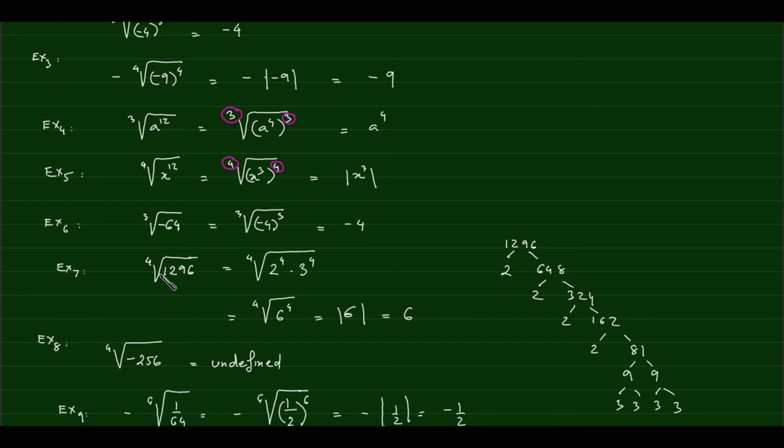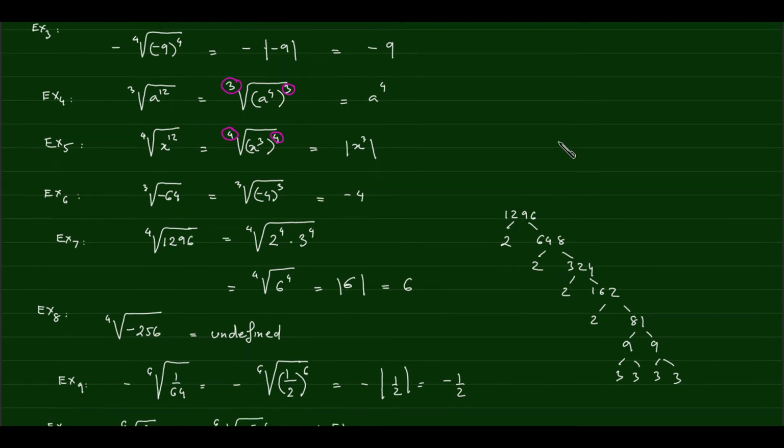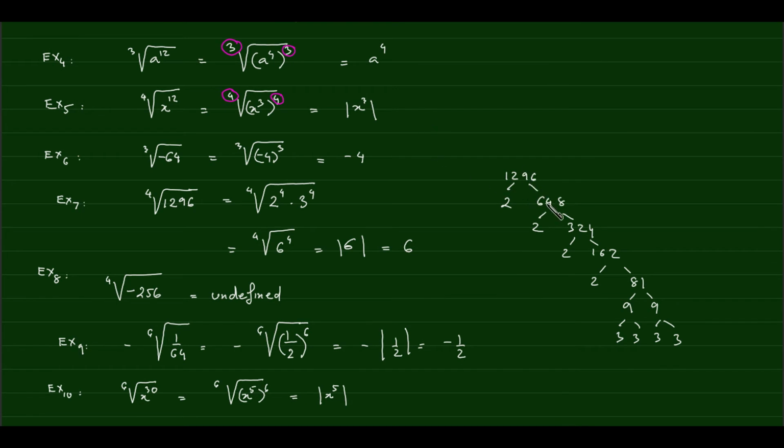Now for this one, 1296, if I use the prime factorization, I can write it as 2 to the 4 times 3 to the 4, and I can write it as 6 to the 4. Remember one of the formulas?